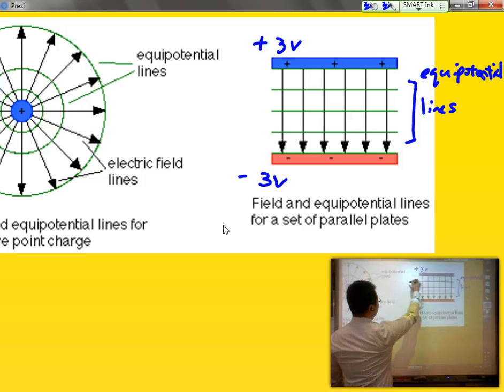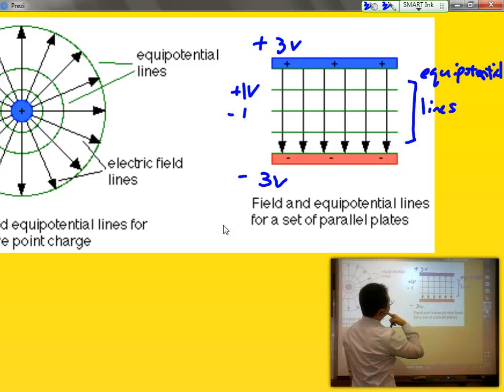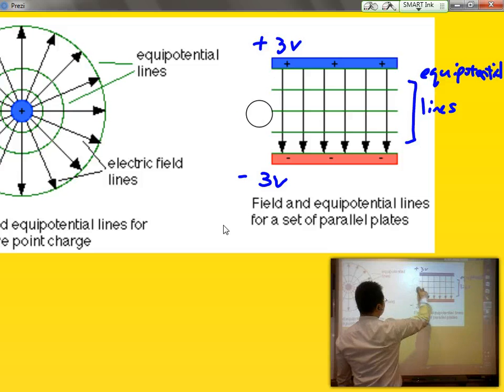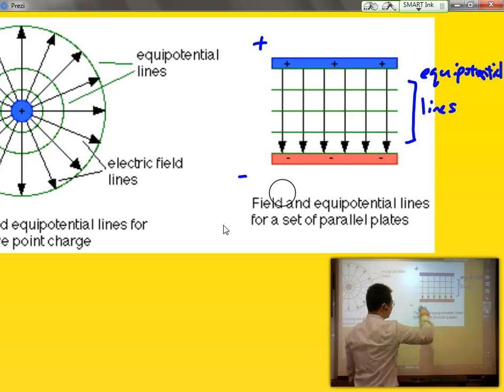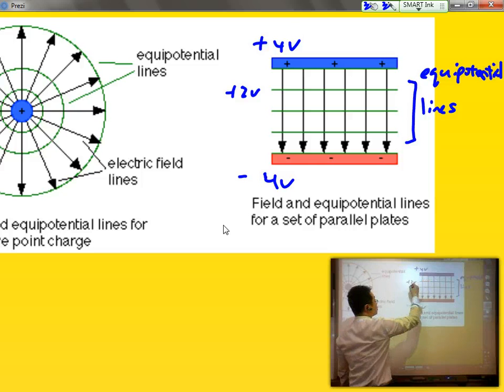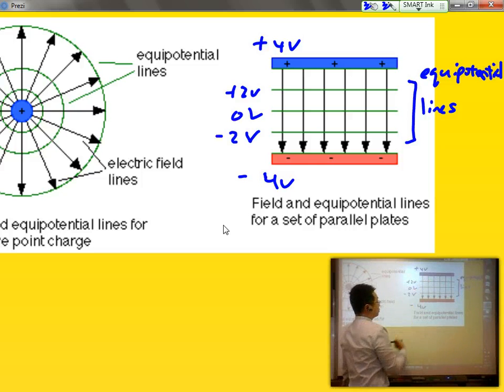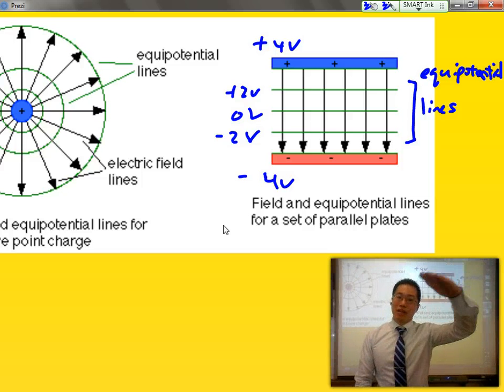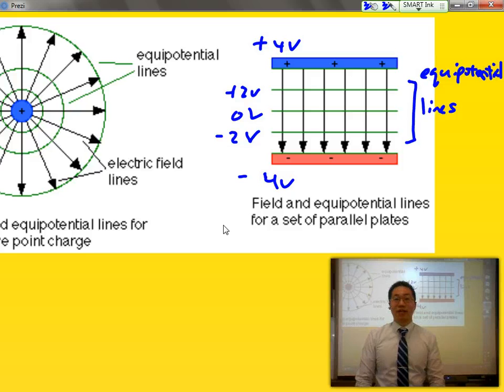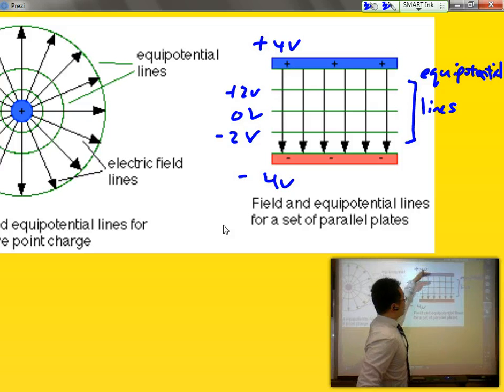So in this case, this could be +1 volt, -1 volt. This should go evenly, so I apologize for that. To make this work out better, 4 volts, 4 volts. So it'll be +2 volts, 0 volts, -2 volts. Okay, that works better. So in this case, each step on the equipotential line, because the equipotential lines are evenly spaced, is going to be another change in height as it goes down.